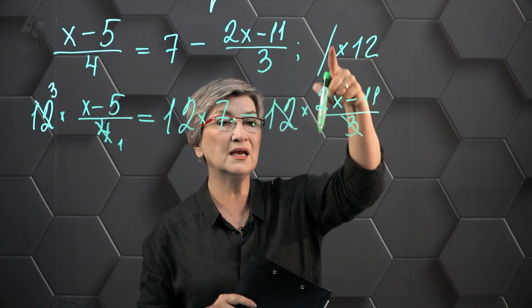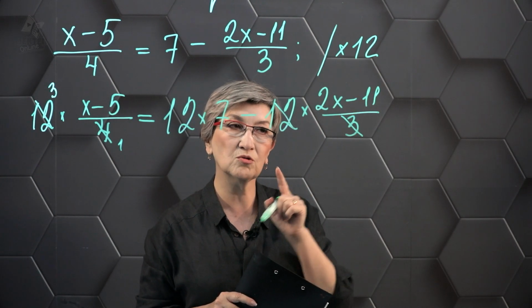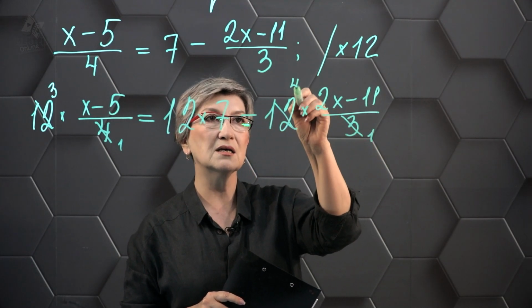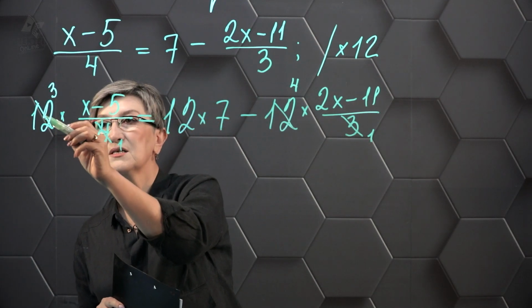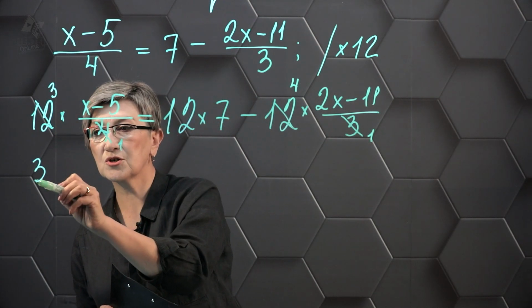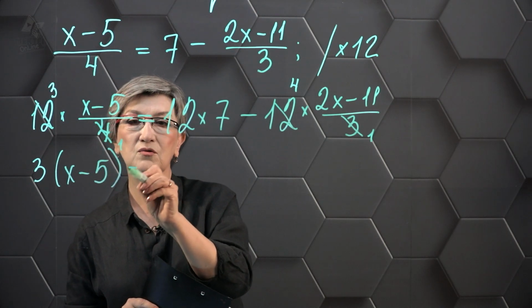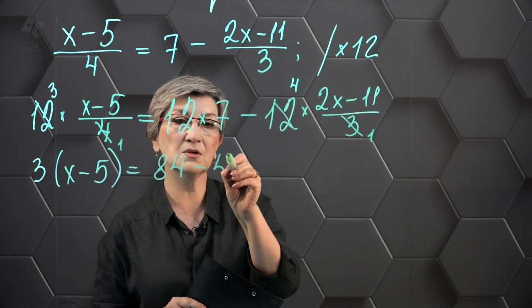That's why I multiply all parts of the equation by the number 12. Then I'll still have 1 in the denominator, and here we'll write down the number 4. And now, instead of 12, we write 3 times x minus 5 equals 12 times 7 is 84 minus 4 times 2x minus 11.